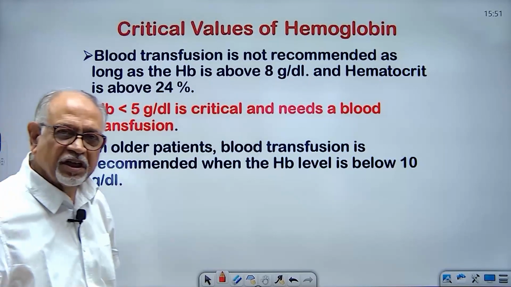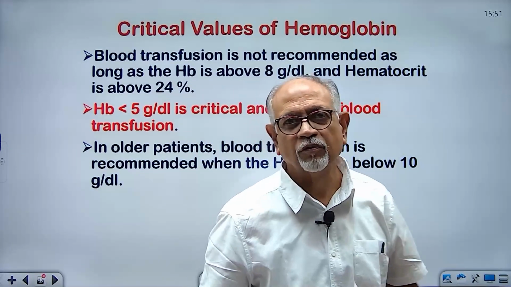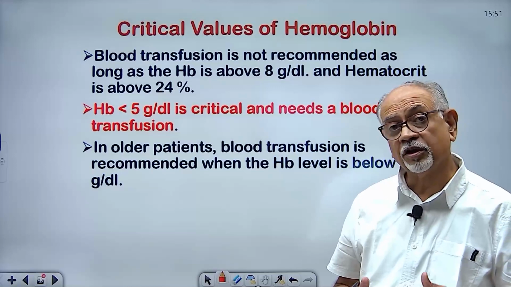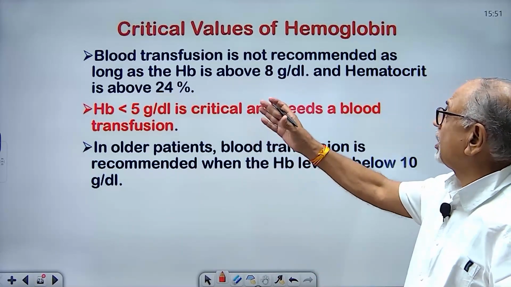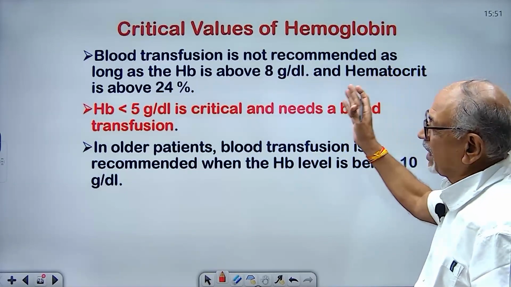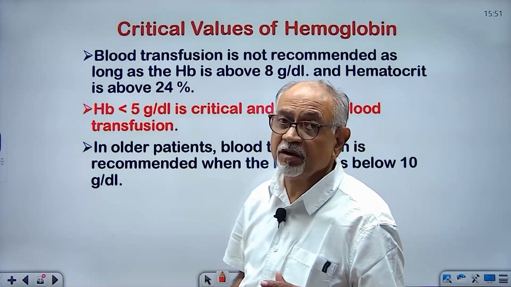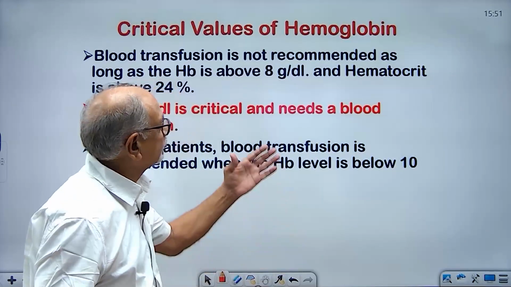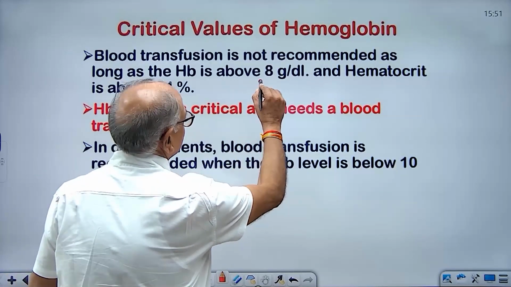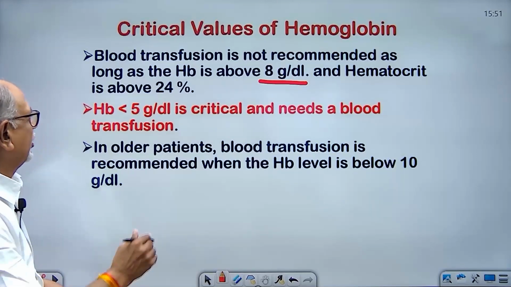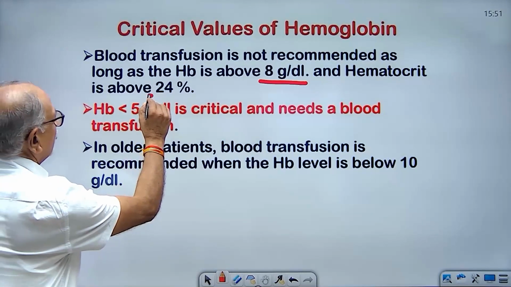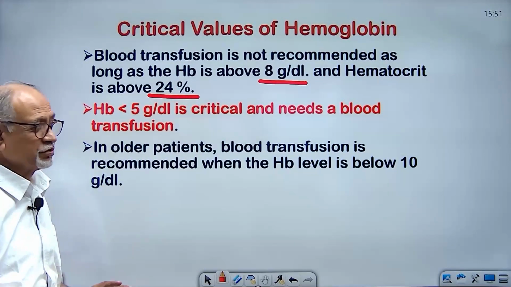Now, critical values of hemoglobin when blood transfusion is required. You know, blood transfusion is not recommended as long as the hemoglobin is up to 8 gram per 100 ml and the hematocrit value is above 24%.